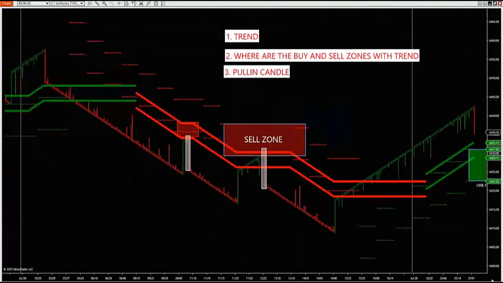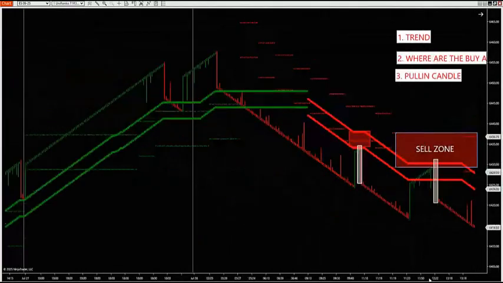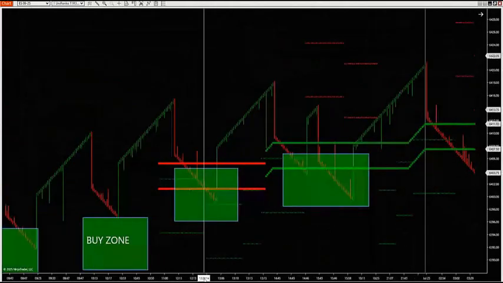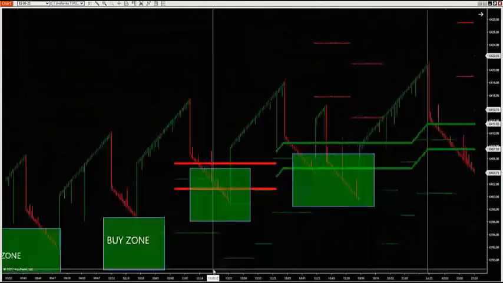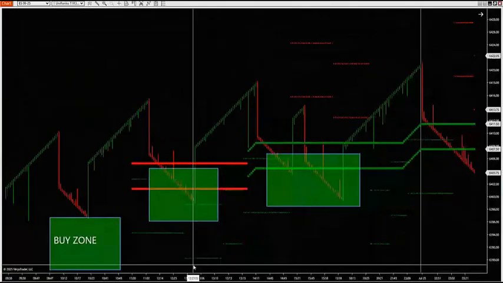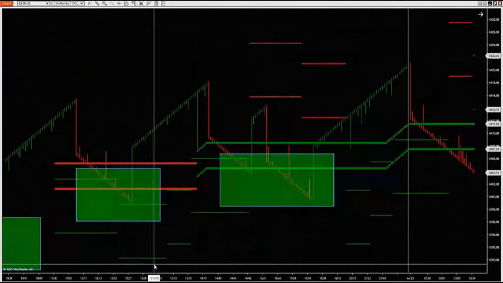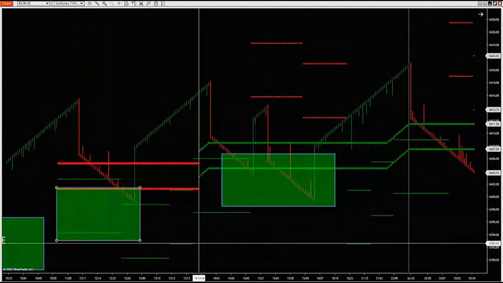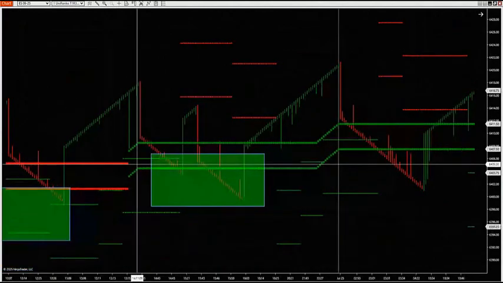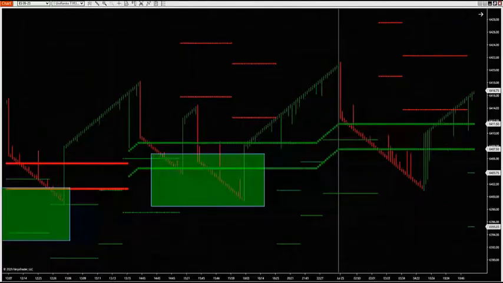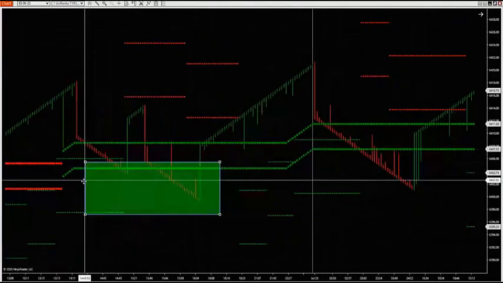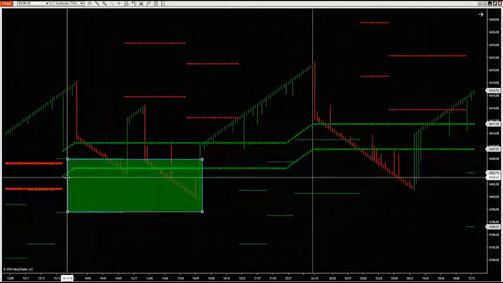Okay, so if I go back and let's look at buy setups now. If I look at the buy setups, then it's going to be just the opposite. If my trend zone is green, then I want to look for the buy zone.